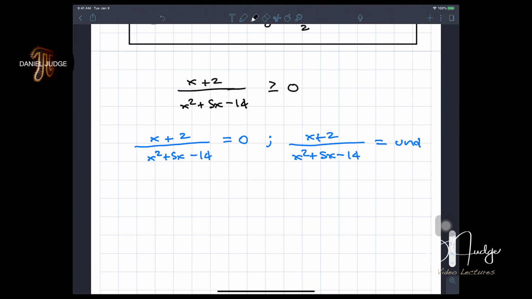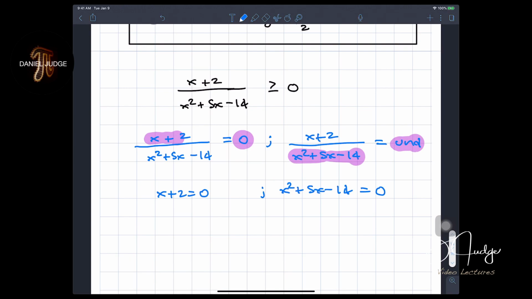Now, the fraction is 0 when that numerator is 0. So we say x plus 2 must be 0. And then the fraction's undefined when the denominator equals 0. So we say x squared plus 5x minus 14 is 0.